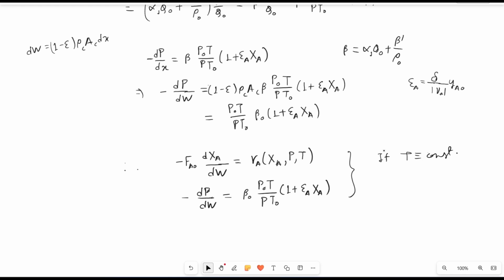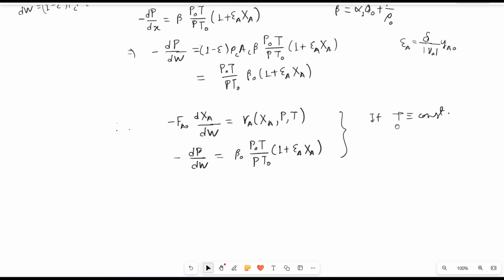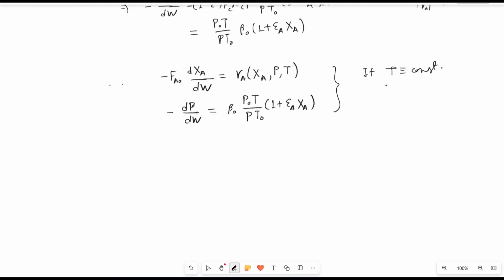Now some extra things like mean residence time. Mean residence time is defined, for a tubular reactor, as the volume divided by volumetric flow rate at a certain location. Let me write it correctly.